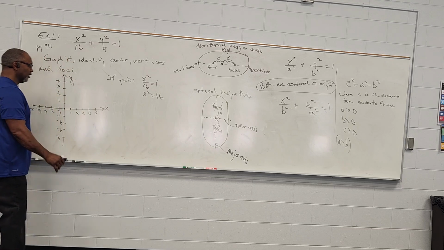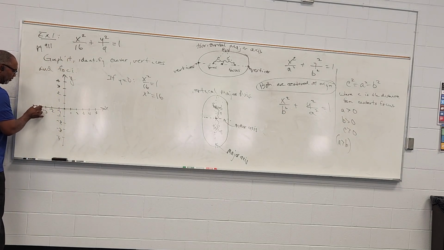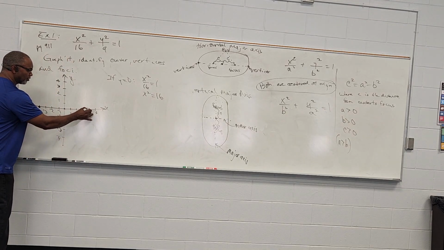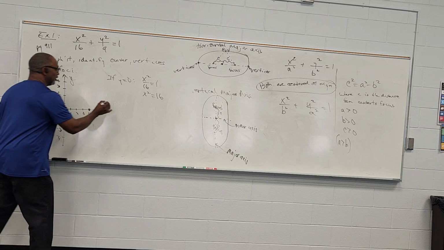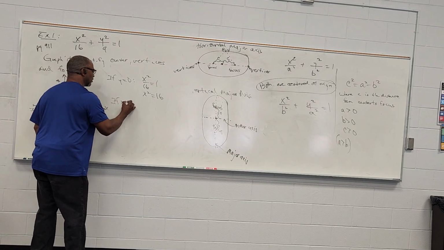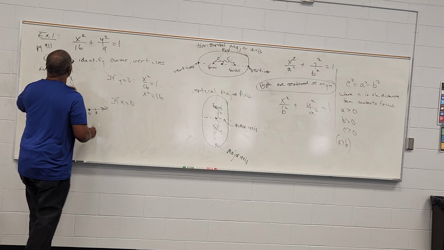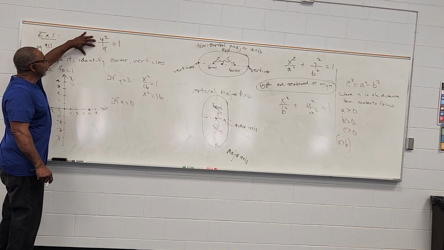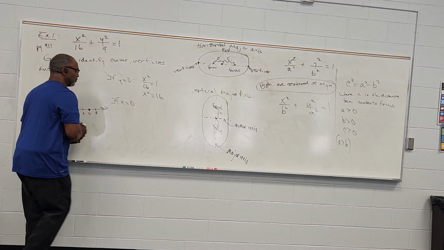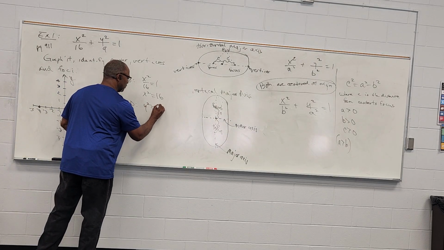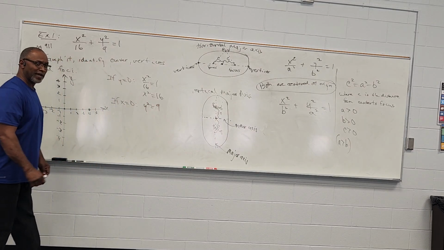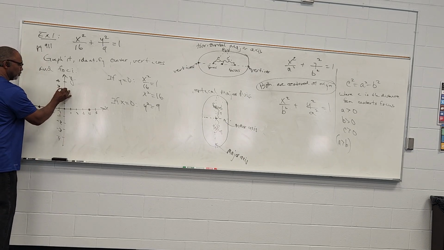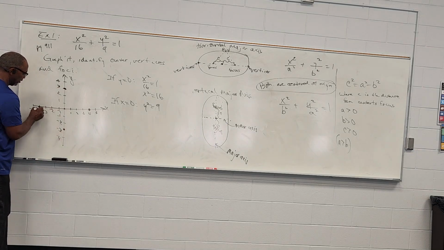Well, the square root of 16 is plus or minus 4, so I'll have negative 4, positive 4. The other way is if x were equal to 0. If x equals 0, this part goes away, and you have y squared equals 9. To solve y squared equals 9, y is plus or minus 3.